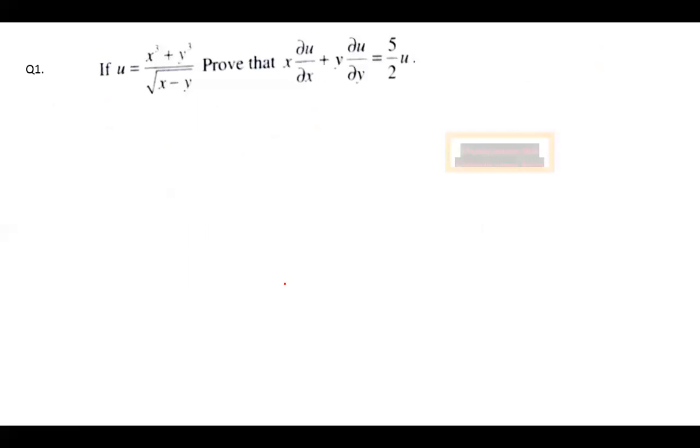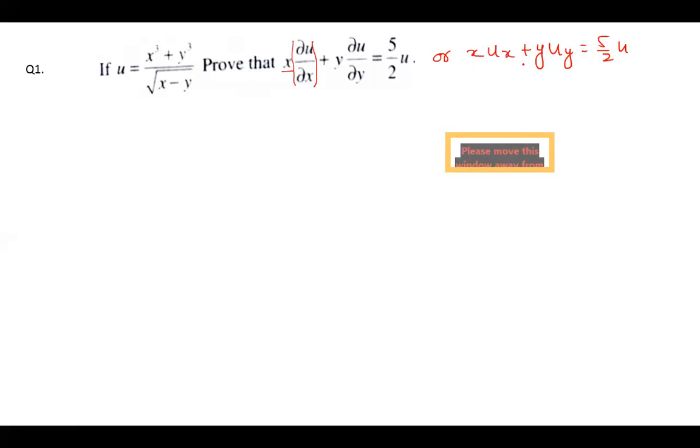Now let's see how to solve problems using Euler's theorem. Here you can see we have the function u equal to (x³ + y³) root divided by root of (x − y), and we need to prove that x ∂u/∂x plus y ∂u/∂y is equal to 5/2 times u. This can also be written as x·uₓ + y·u_y = (5/2)u.